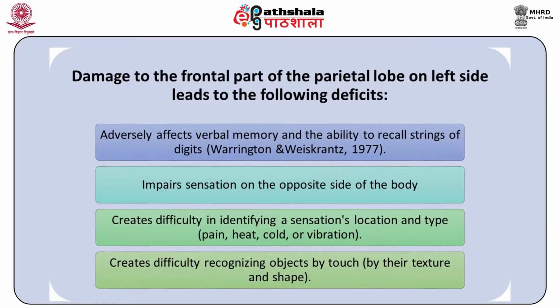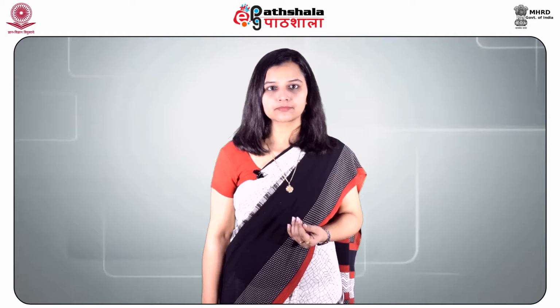It adversely affects verbal memory and the ability to recall strings of digits, impairs sensation on the opposite side of the body, creates difficulty in identifying a sensation's location and type like pain, heat, cold or vibration, and creates difficulty recognizing objects by touch or by their texture and shape.